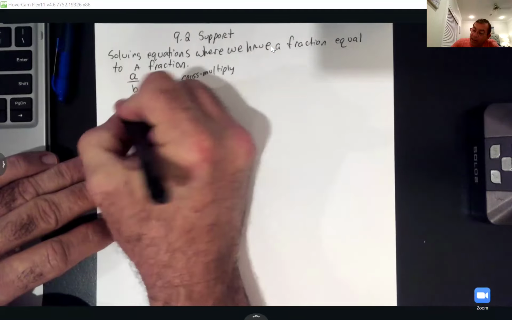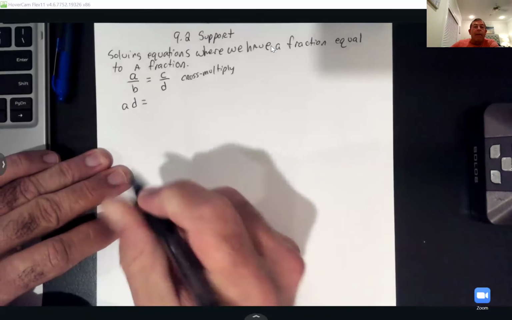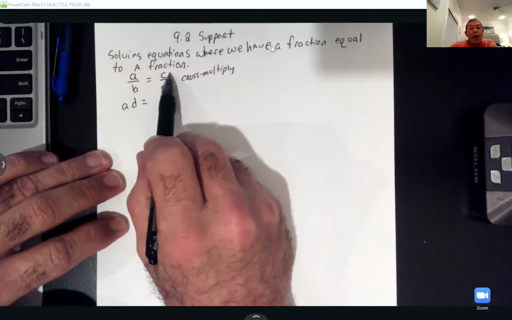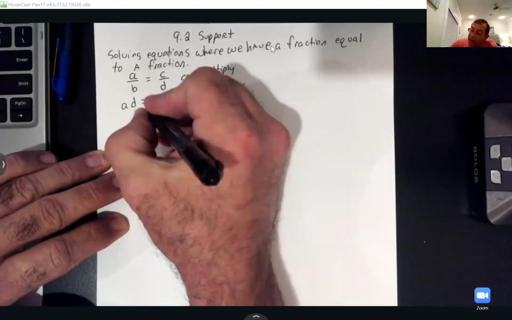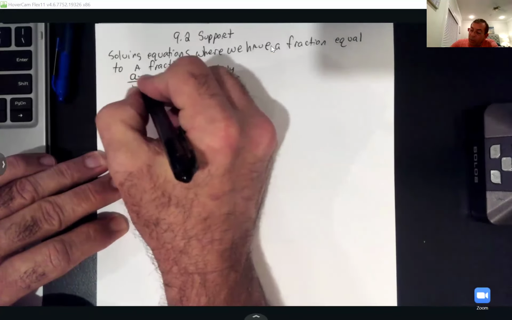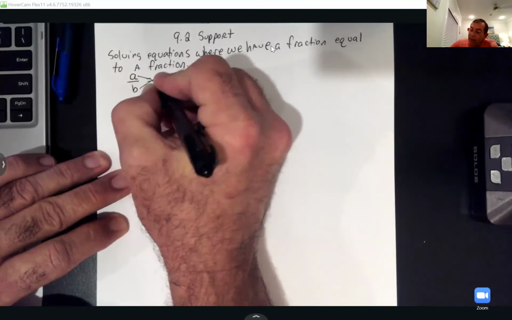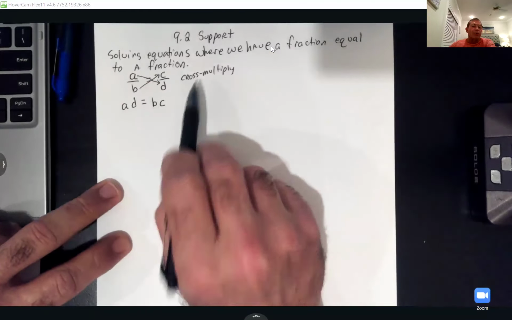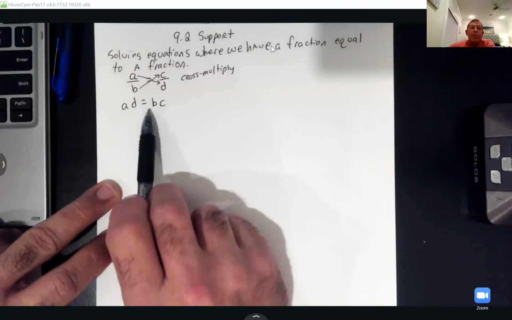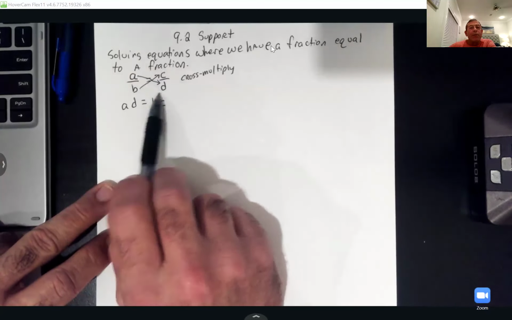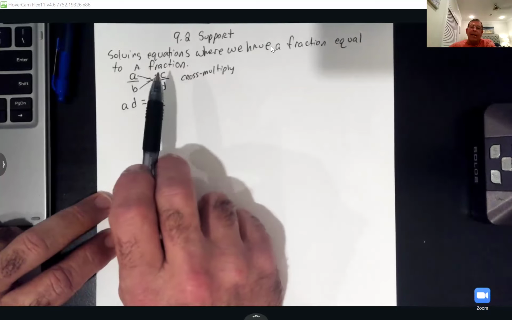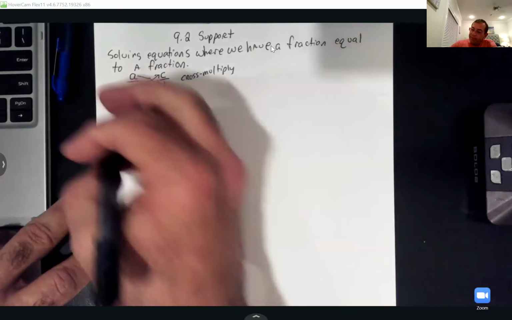So you'll have A times D. That'll equal the bottom of the first fraction times the top of the second fraction, and that'll be B times C. So look, you're multiplying, and it makes sort of like a cross there, okay? And then at this point, you'll solve for whichever variable you needed to. But to clear the fractions, we're going to cross multiply when we got a fraction equal to a fraction.